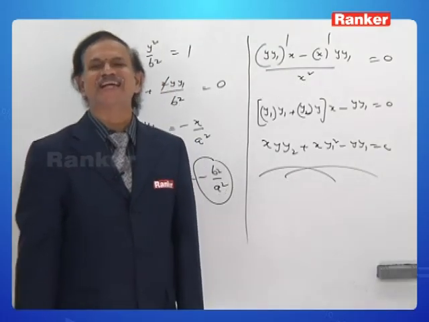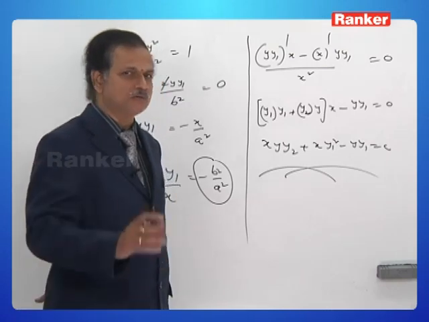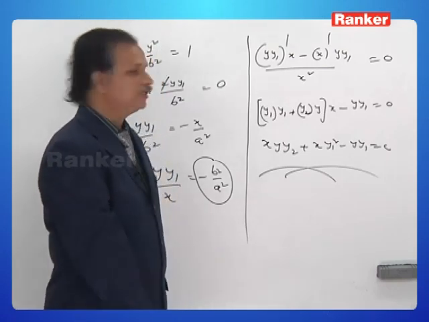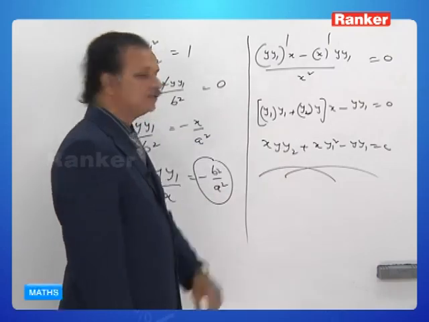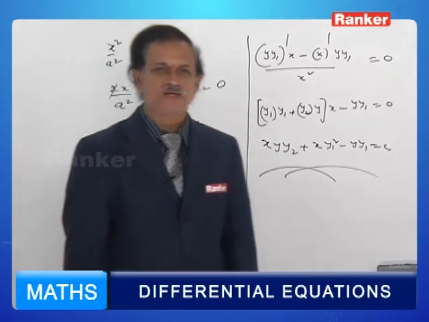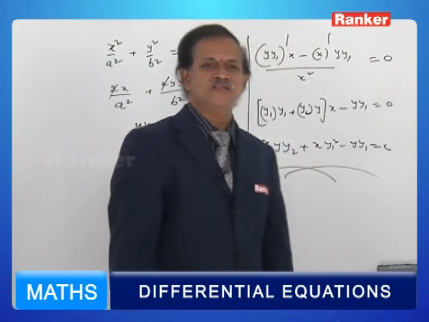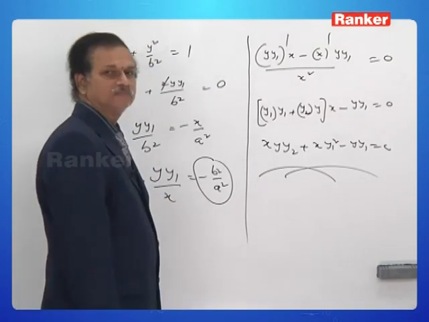So it is of second order. If at all you like to look at the exponents, you look at the exponents for y2 only. There is only one here. So it is of second order and first degree. This is the equation of this ellipse.